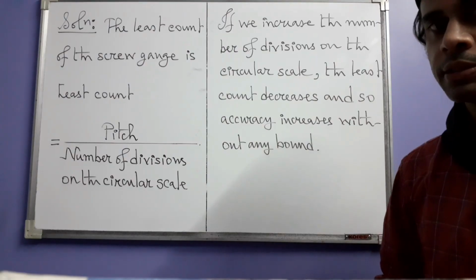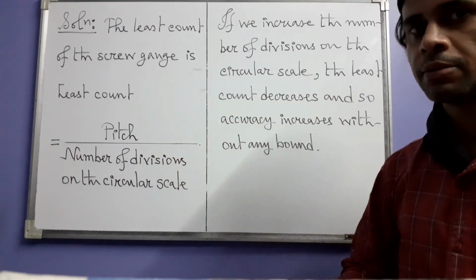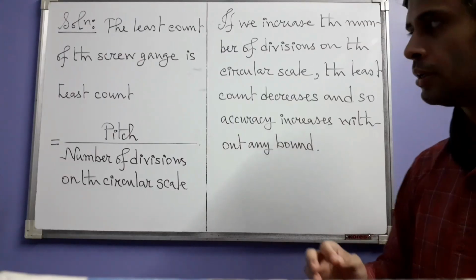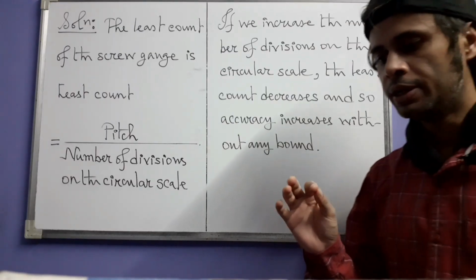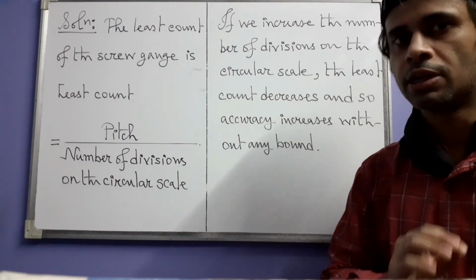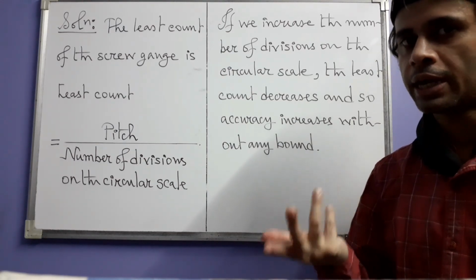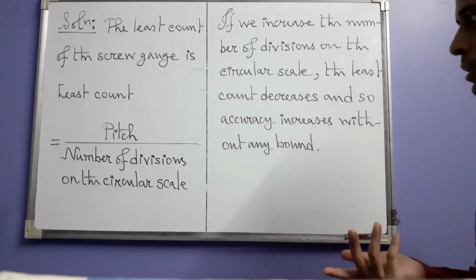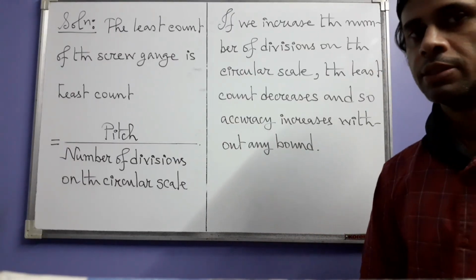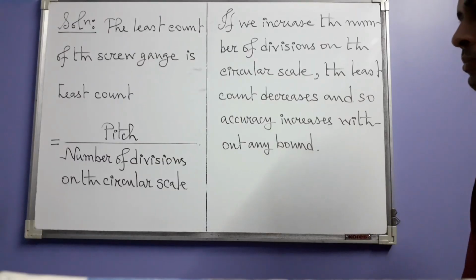The larger you choose this denominator, the smaller the least count becomes, and least count is the least measurement that the screw gauge can accurately measure. So if that keeps on getting smaller and smaller, the accuracy increases. But there is a problem with this approach, and next we are going to write about that.